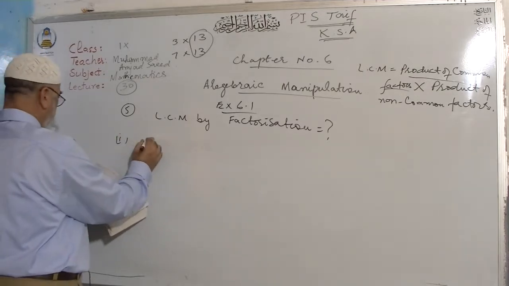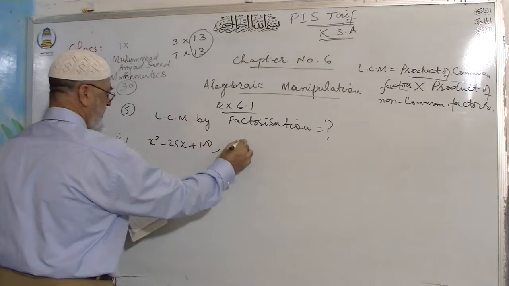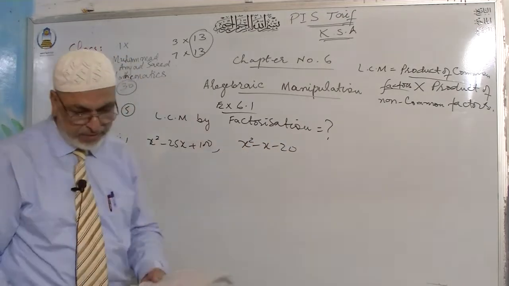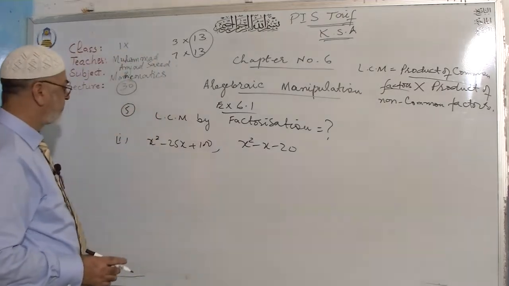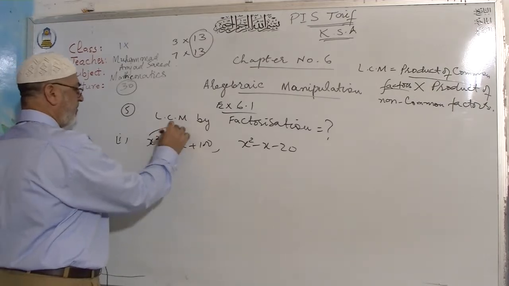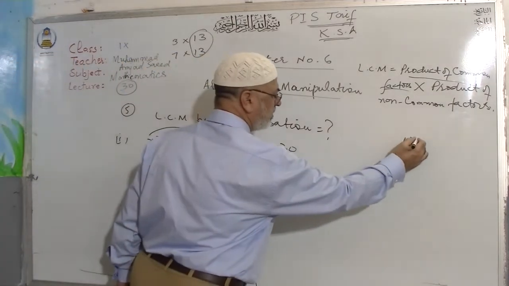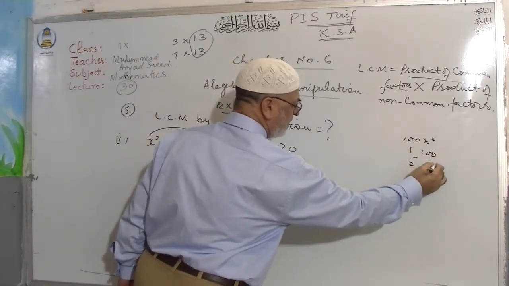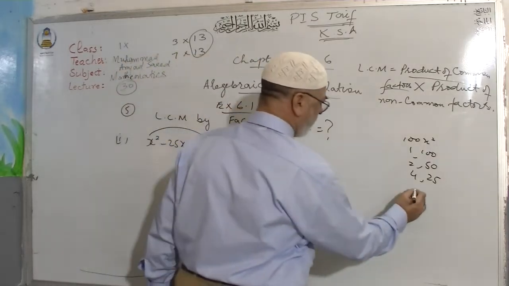Part number 1 is x square minus 25x plus 100 and x square minus x minus 20. We have to find the LCM with the help of factorization. First of all, you will multiply first and last, 100. x square, 1 and 100, 2 and 50, 4 and 25 and 5 and 20.